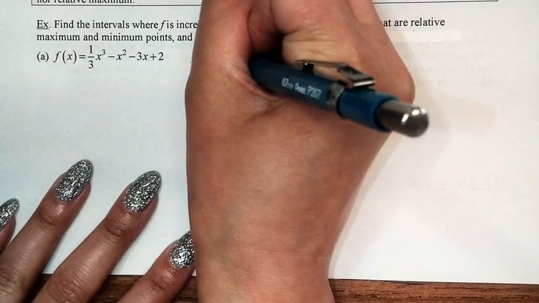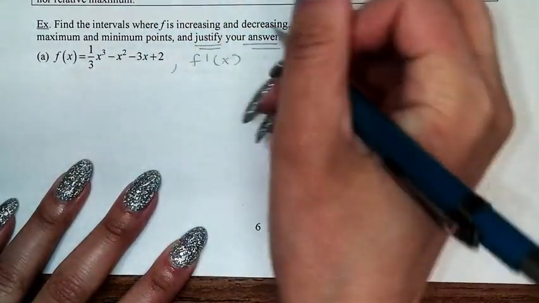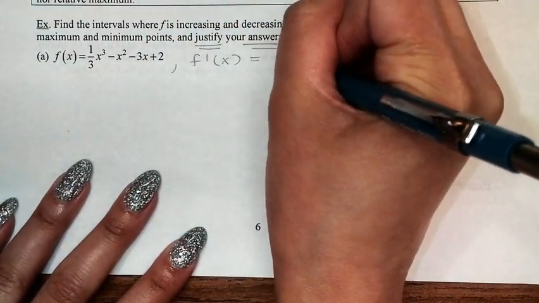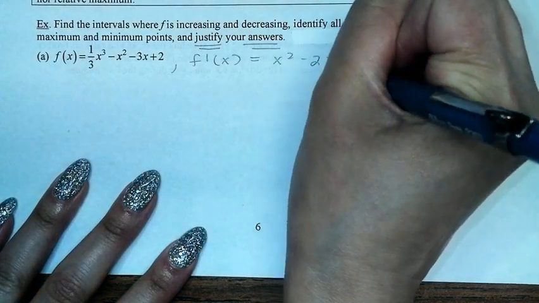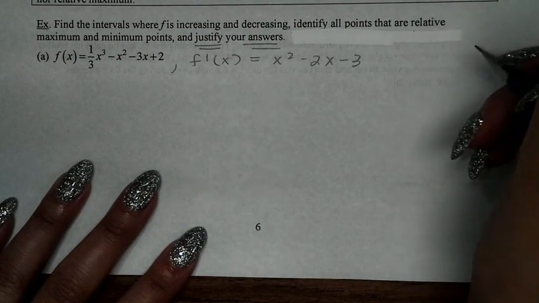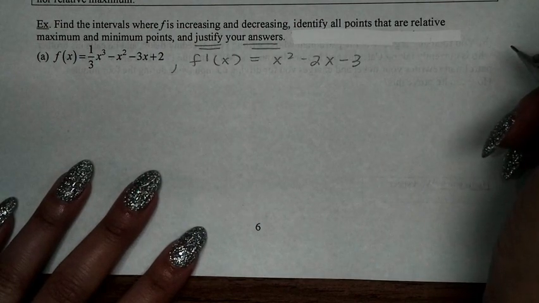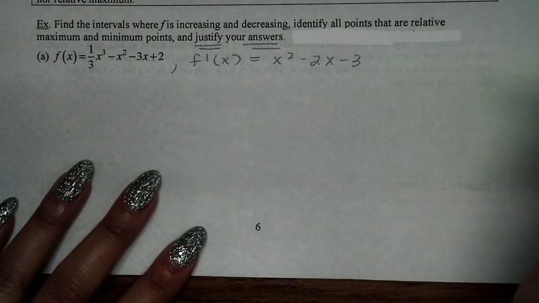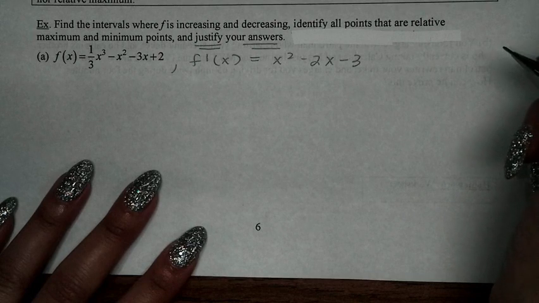The derivative of this function f is going to be equal to x squared minus 2x minus 3. Once you have the derivative, you ask yourself: is the derivative undefined at any points? The answer is no, because this is a quadratic, so it's defined everywhere.